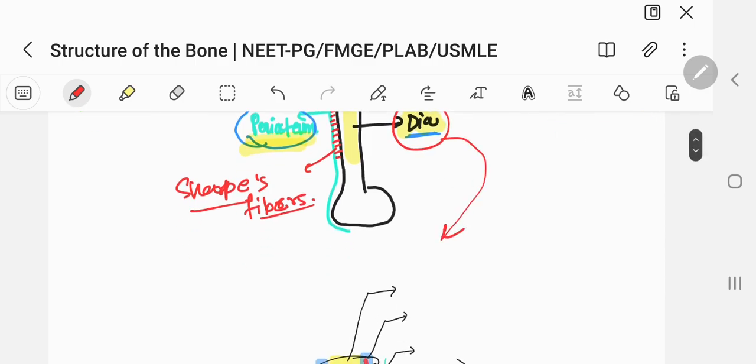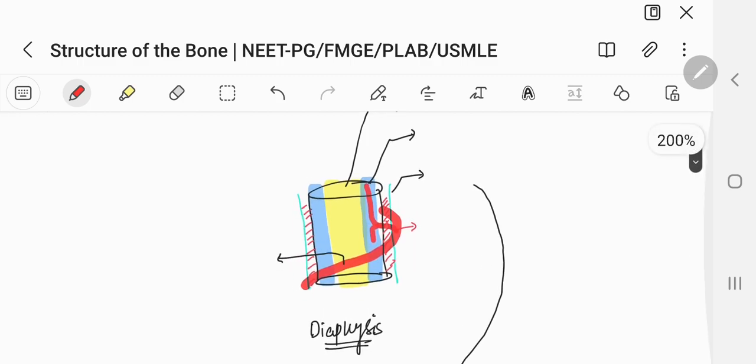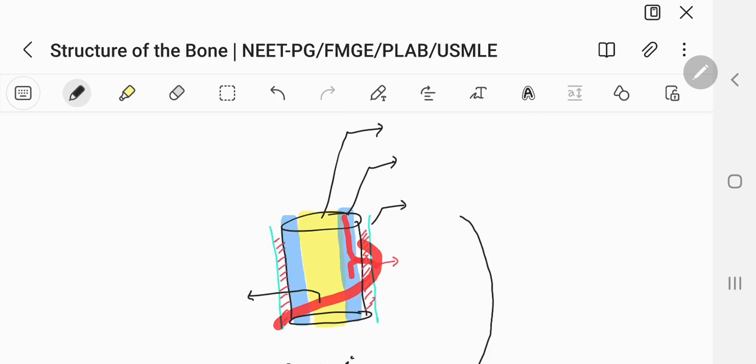Okay, so we have zoomed in on the diaphysis here. Let's start by looking at what the parts are. If you see this green part, the black one is the bone. What is this green part that surrounds the bone? This is periosteum, right?